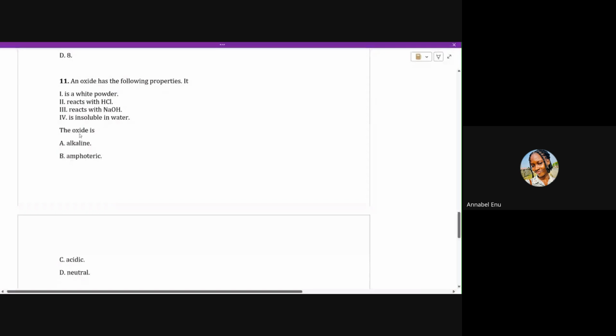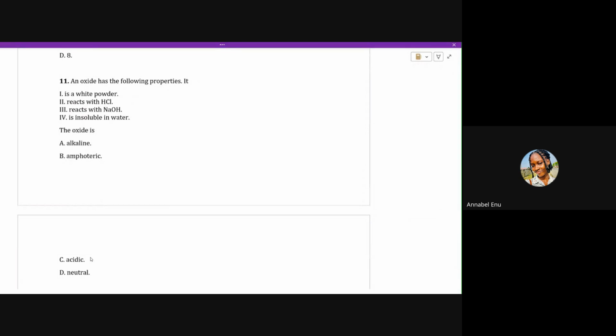Now, alkaline oxides are basic oxides, that is metal oxides. They will not react with base again. Instead, they will react with acid because it's already an alkaline. Now, acidic oxides are oxides that are non-metallic.